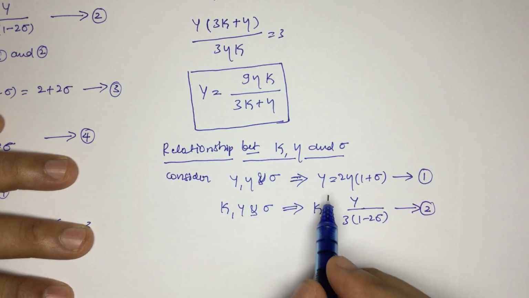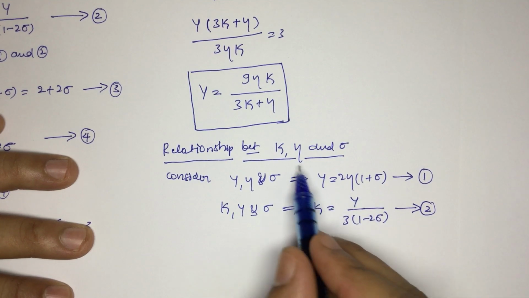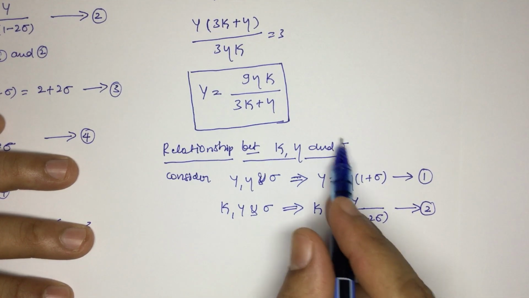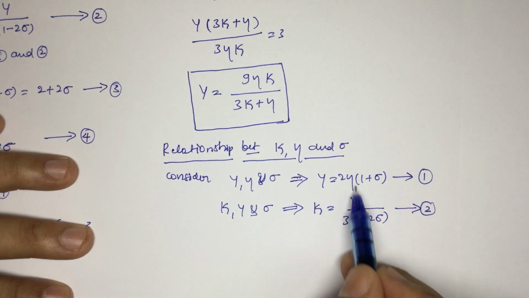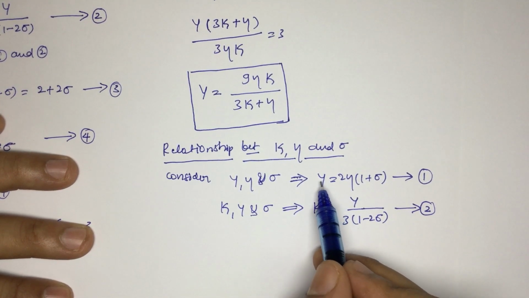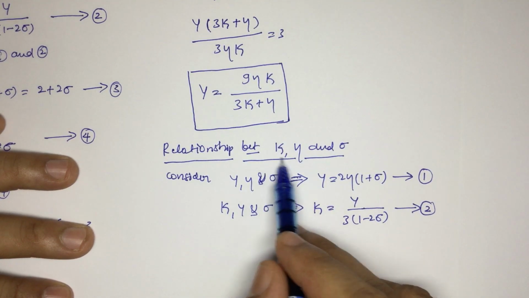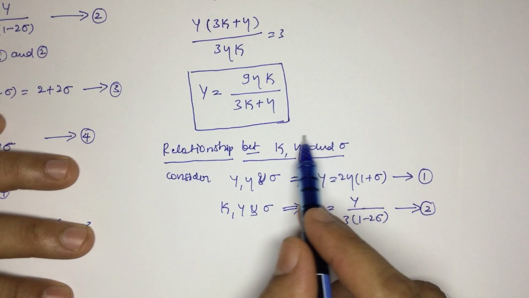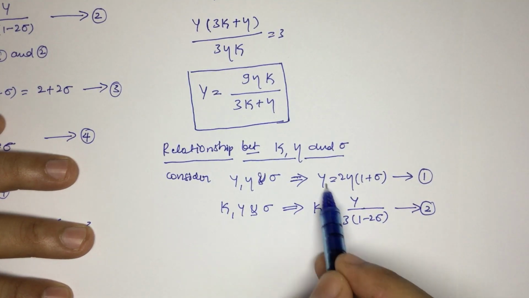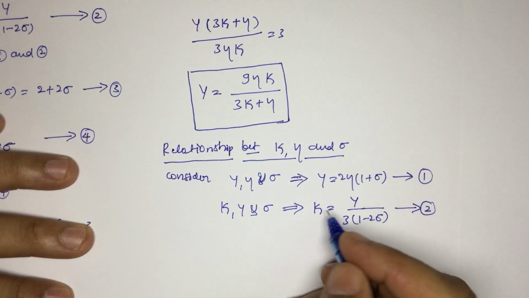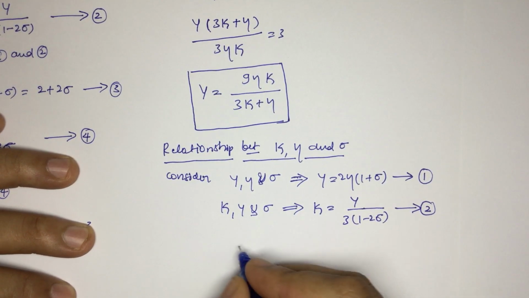But in equation 1 and 2 there is a presence of y, Young's modulus, but in this relationship we don't have that y, so we need to eliminate that term. So for that we will rearrange equation 2.